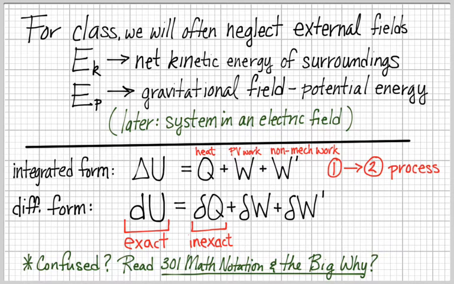So I'm going to integrate the exact differential of dU, the instantaneous change in internal energy, which is equal to the instantaneous changes represented for my path functions, đQ plus đW plus đW prime.